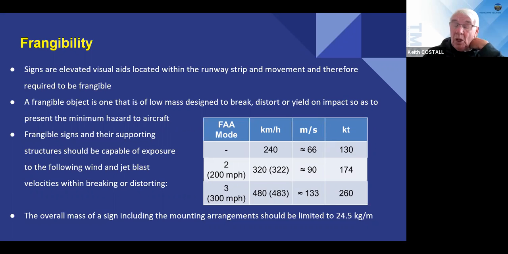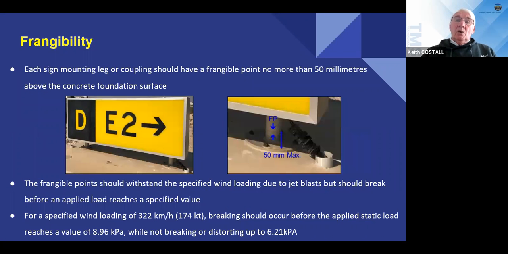Aerodrome Design Manual, Part 6. When we're looking at, say, I've given one or two little drawings here, and these are advisory signs. This is a location, there's a direction sign, and it's going to sit on a coupling that is bolted to the ground.